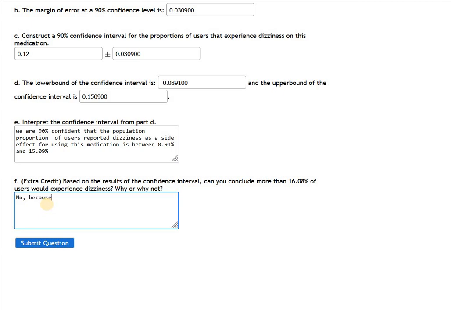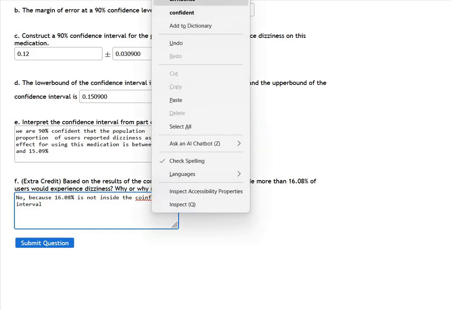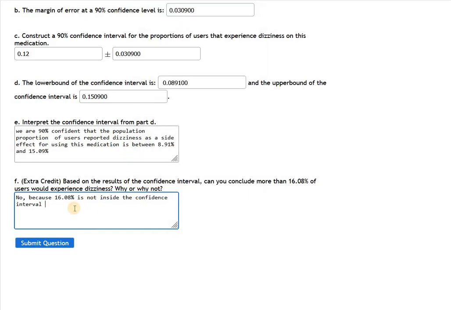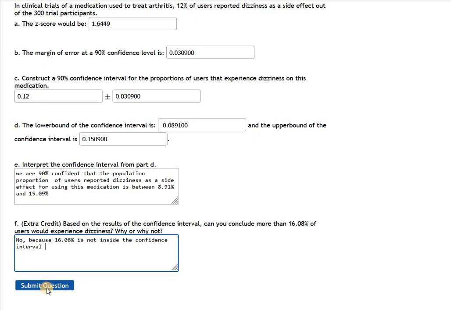Because we can say 16.08% is not inside the confidence interval. And I need to fix that.